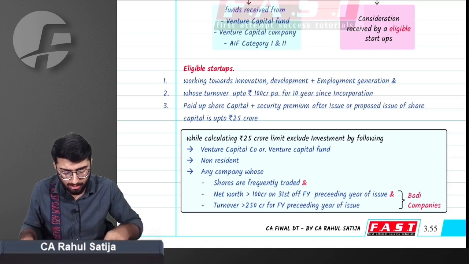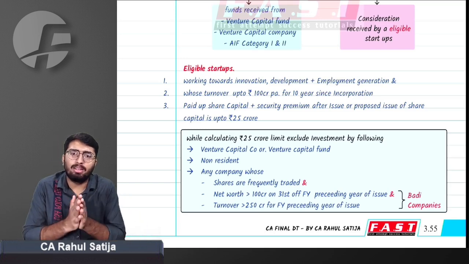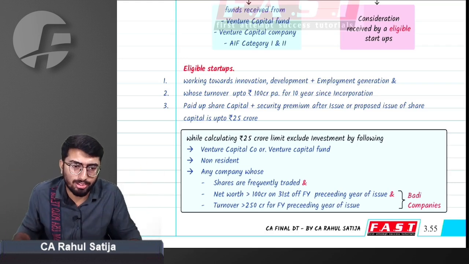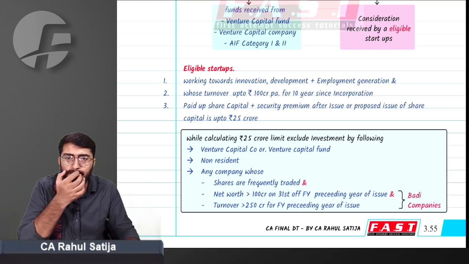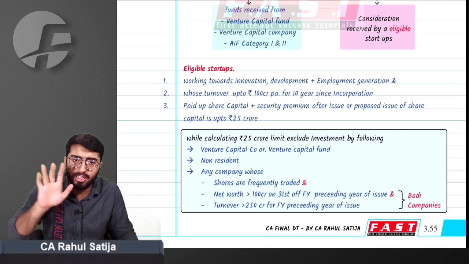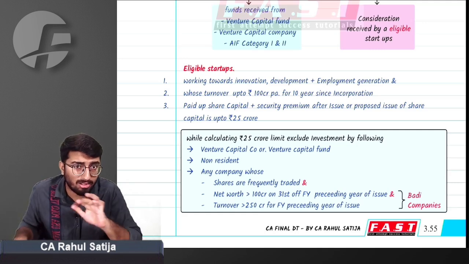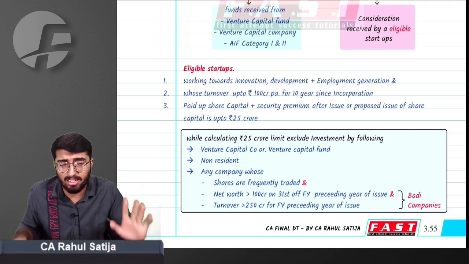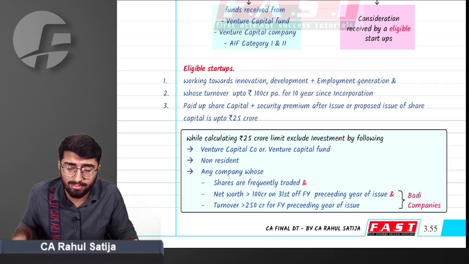What is an eligible startup? A startup involved in innovation, development, and employment generation. Second thing, it has turnover up to 100 CR for 10 years, not more than that. Third thing, its paid up share capital and security premium does not exceed 25 CR.